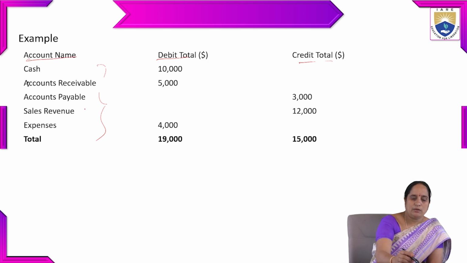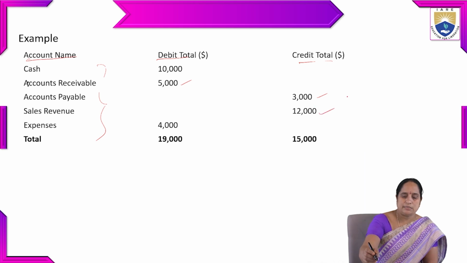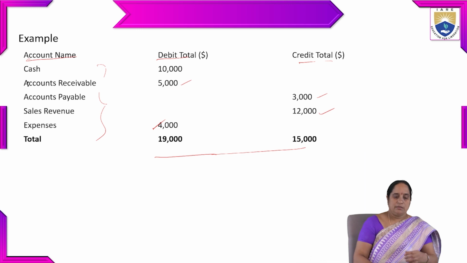Accounts receivable is also an asset, so that should be mentioned on the debit side, whereas accounts payable is a liability, so credit side. Sales revenue is income, so credit side. Coming to expenses, debit side. Then total the debit side items and the credit side items. As in this result, we have the same total.